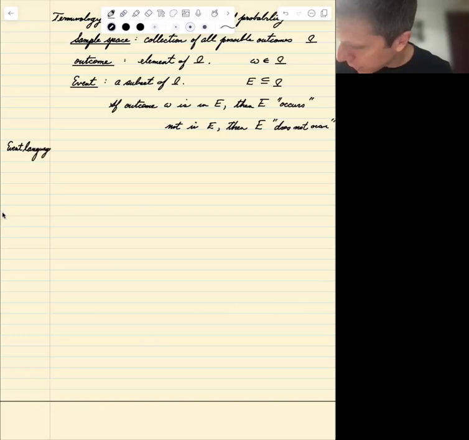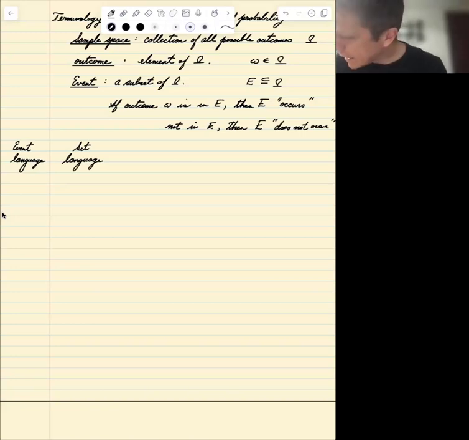It's the way that we can intuitively communicate about this stuff. We can have set language. Put this on two different lines: event language, set language, and this is going to be a table for us.